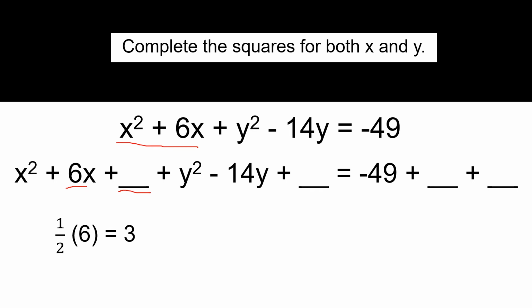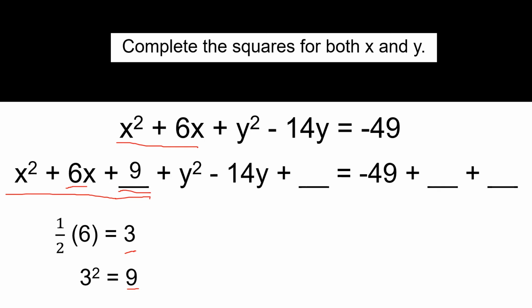So we have 6. Half of 6 is equal to 3. And whatever the answer, we're going to raise it to the power of 2. So we will have 3 squared is equal to 9. So ilalagay na natin si 9 dito para maging perfect square trinomial na si x squared plus 6x plus 9.